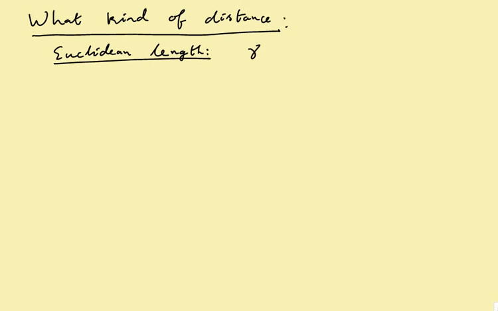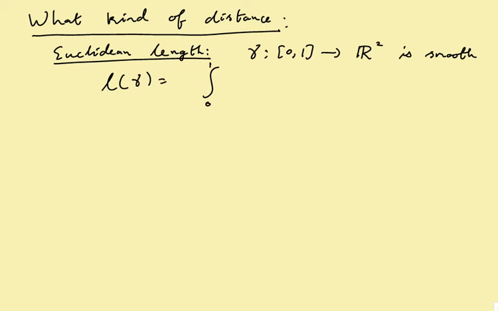So suppose gamma mapping [0,1] to R squared is smooth. The length of gamma is the integral from 0 to 1 of the norm of gamma dot of s ds.